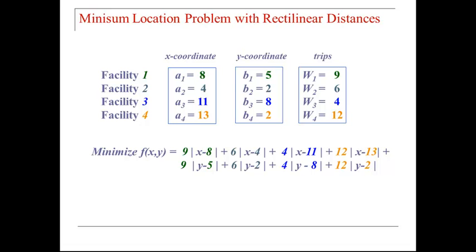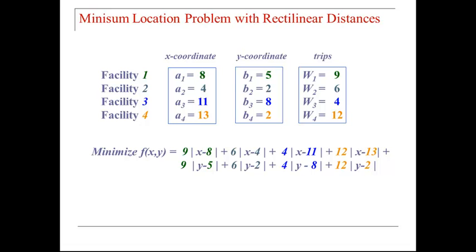We start with the weight of 9, which is the number of trips from the existing facility 1 to the new facility. We also have the weight from the second facility to the new facility, which is 6. The weight from the third facility to the new facility, and so on.